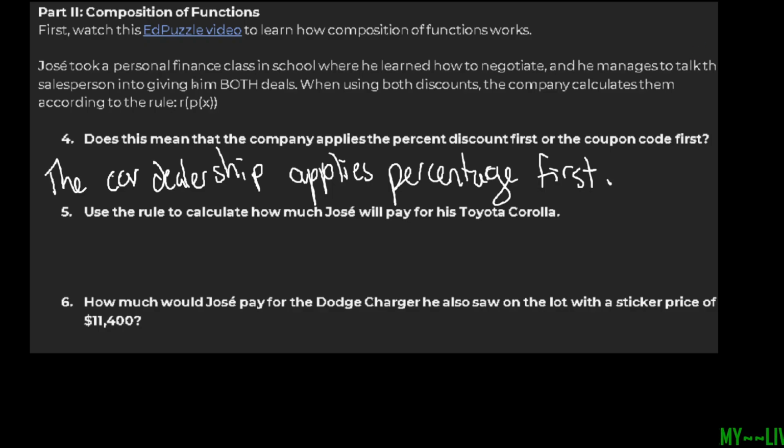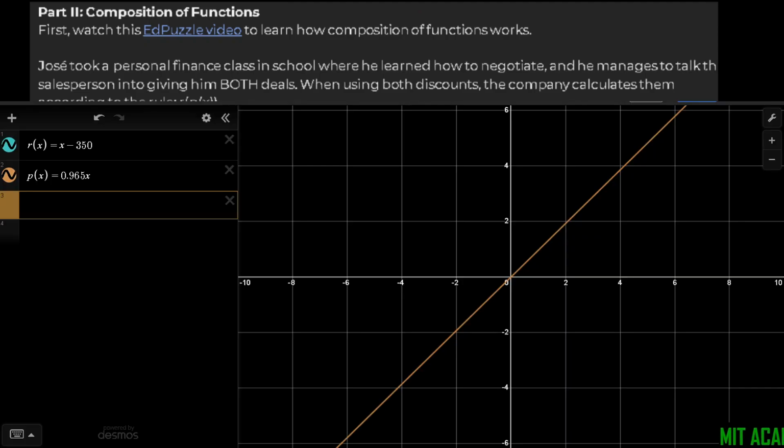All right, for the next part, number 5, it says use the rule to calculate how much Jose will pay for his Toyota Corolla. So let's find out what we have to do here. We can still use the functions that we have from before. I'm going to calculate what we need.